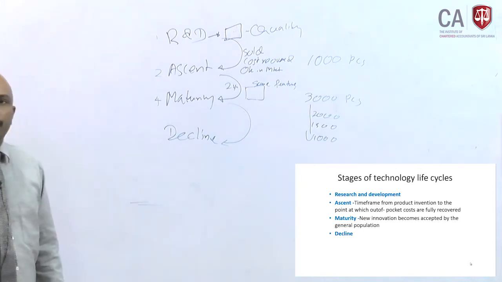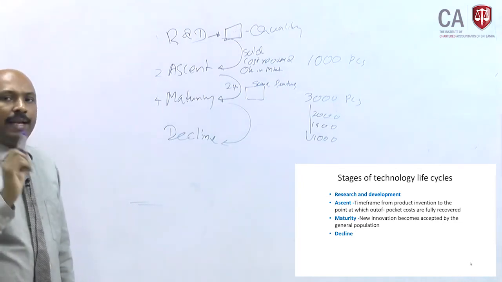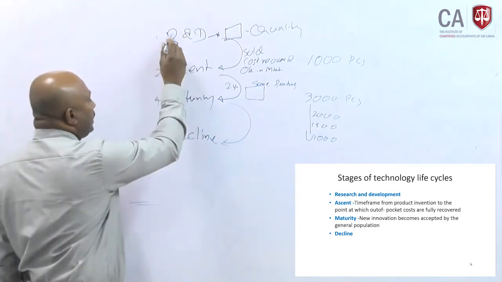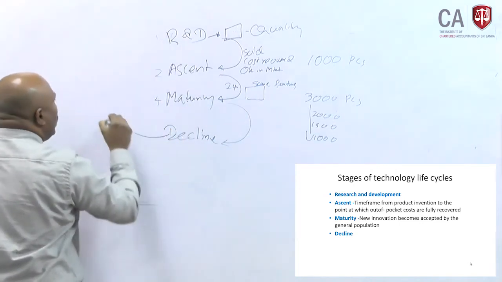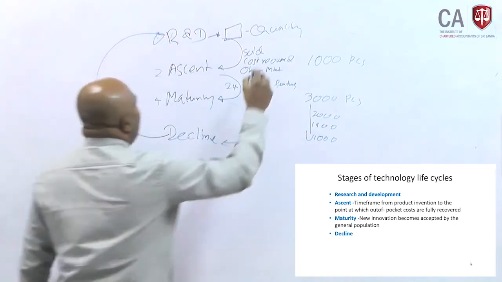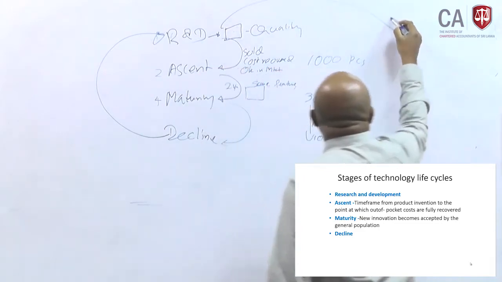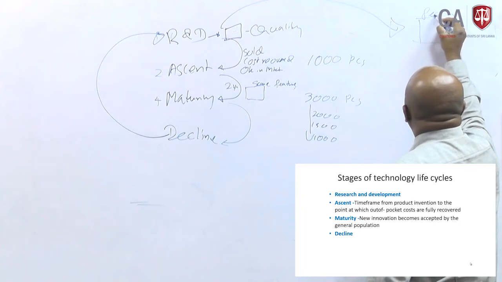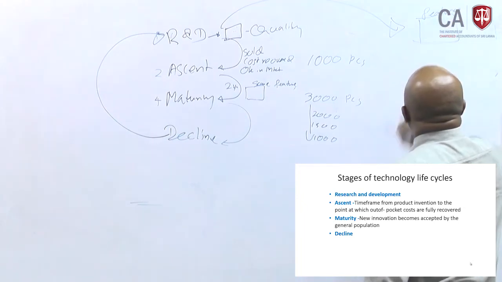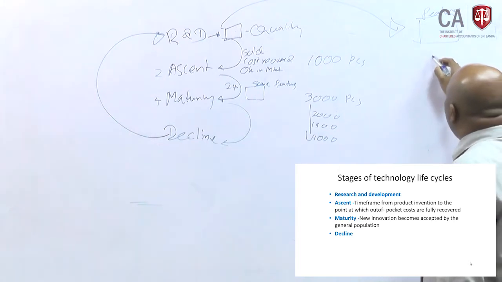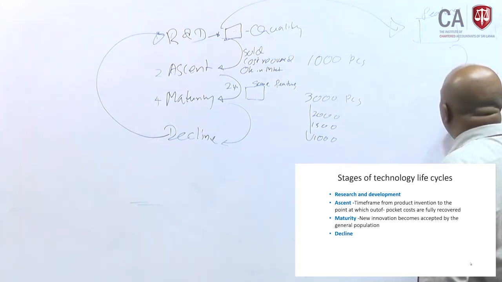Then what do you want to do? If you want to retain this product further in the market, you have to do research and development. So, you are again doing research and development, and then there is a new product, the same product with new features, and likewise it will go to the decline stage.